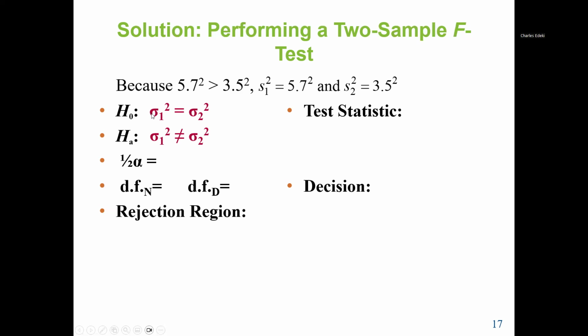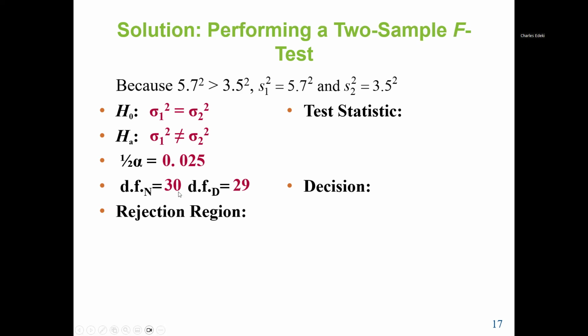So here we are doing a two-tail test because the question said equal and not equal. H0 says they are equal, HA says not equal. Because it's two-tail, we use half alpha, so that gives us 0.025. The degrees of freedom will be what?